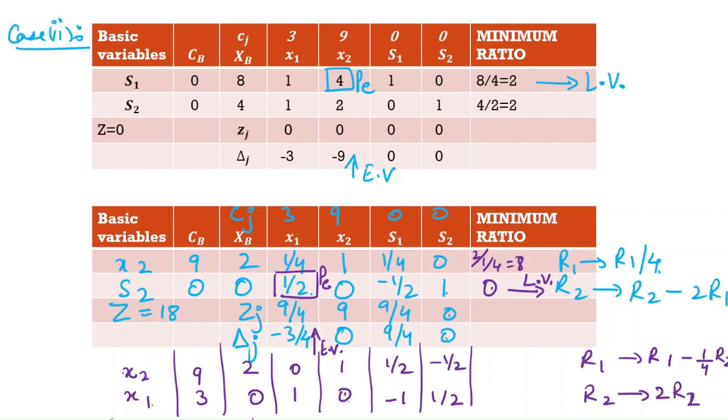So let's quickly find out what our Zj is. Zj, if you notice, we are getting it as 3. This is 9. This is 9 by 2 minus 3. So that's 9 by 2 minus 3, so that would be 3 by 2. This is minus 9 by 2 plus 3 by 2. So that's minus 7 by 2. So delta j, let me just write the delta j's here now.